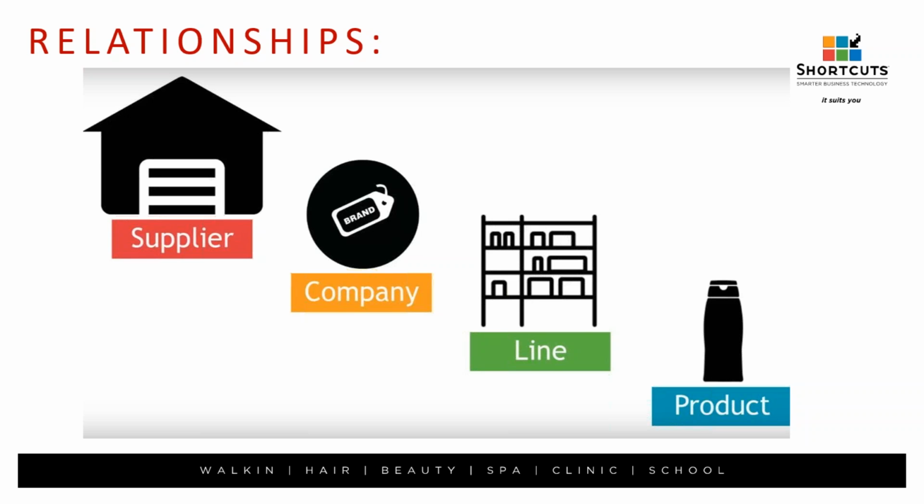And then of course the last item is the product itself. So underneath each line we would then have products. Underneath our Rockaholic line we would have our dry shampoo, and underneath our Bedhead line we would have some of our shampoos and conditioners. So again, supplier, company, line, product.